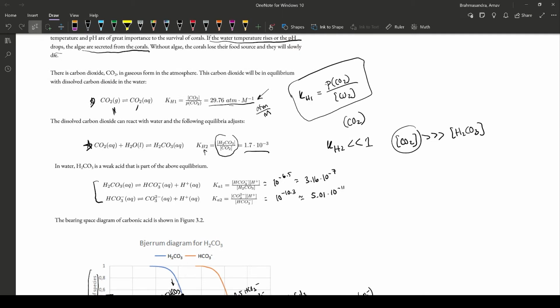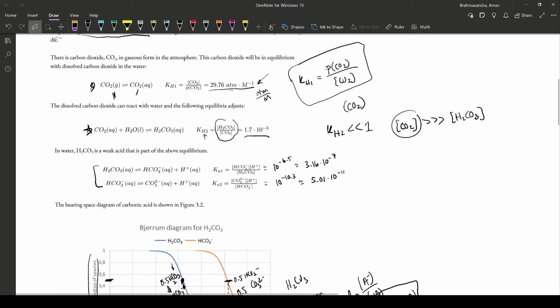Now, the next 2 equilibriums have to do with the dissociation of carbonic acid. Remember, H2CO3 is a weak acid, which means it's barely going to dissociate. It's only going to partially dissociate, and you see that with these really small Ka values.